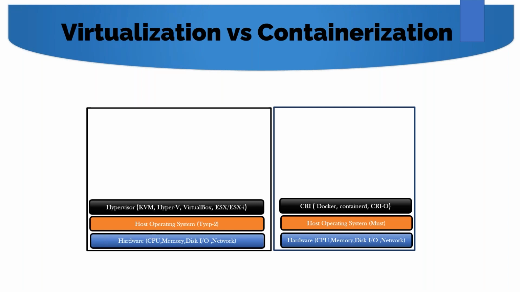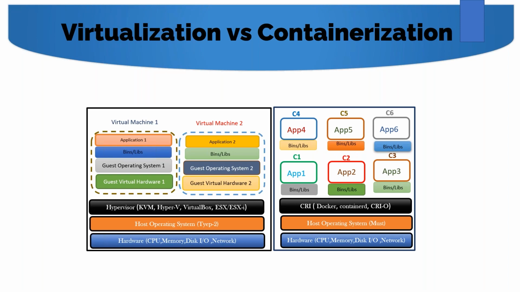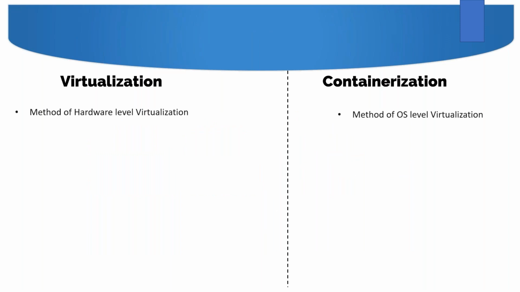Fine. So now we have a very good idea what this hypervisor is. Here I need a guest operating system to run my application. In containers, the containers leverage the host operating system capabilities. They don't go with a whole operating system; they don't need a guest operating system. Okay, and what is virtualization?